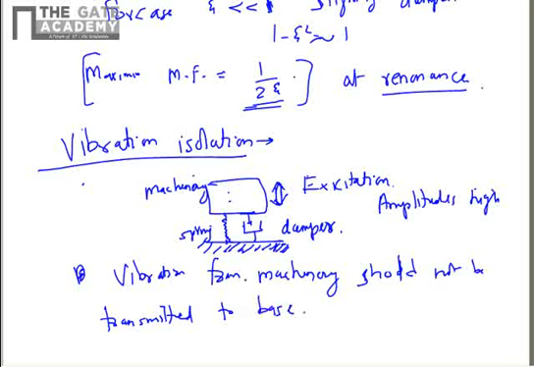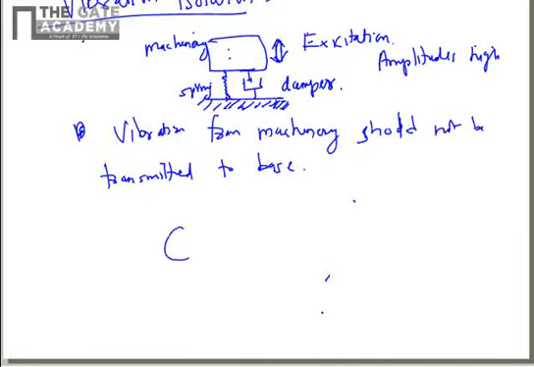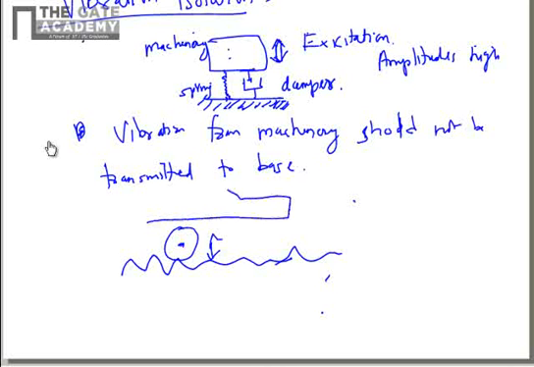In a car also, your rotating components will have vibration, so that should not be transmitted to your body. In a car particularly, you see this example: you have a wheel, and on the road you do not have a smooth surface, you have some serrations. Because of that, some vibration will occur at the wheel. This should not be transmitted to your car body.